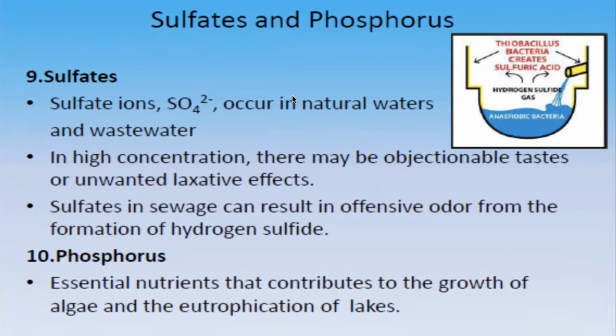So, sulfates are the byproduct of what? Bacteria. When those bacteria decompose the waste products, they release sulfates. For example, in Lasa Lake. Nowadays, the majority of the wastewater in Lasa Lake is from the square canteen.